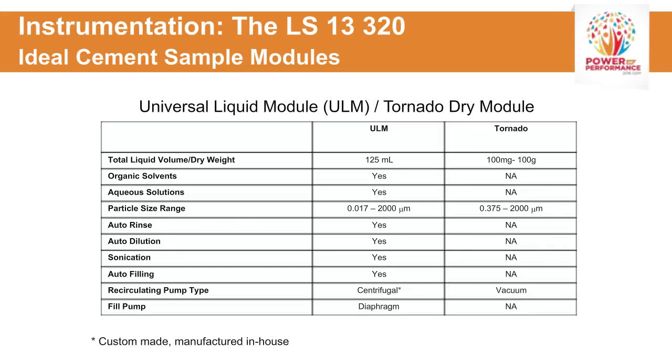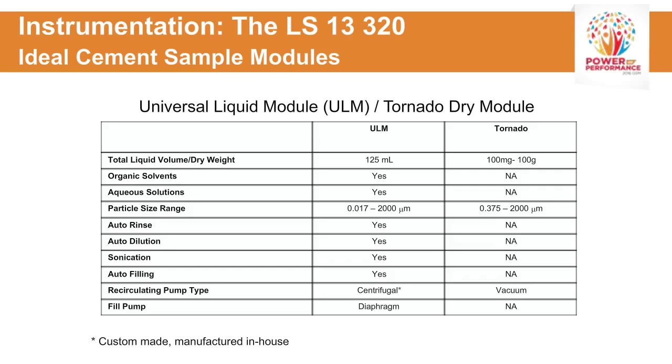Briefly, the two modules that I mentioned: the universal liquid module is for running any kind of fluid. It can handle any Class D solvent. It holds approximately 120, 125 mils of fluid, and this is circulated by a centrifugal custom designed pump designed specifically for handling particles.